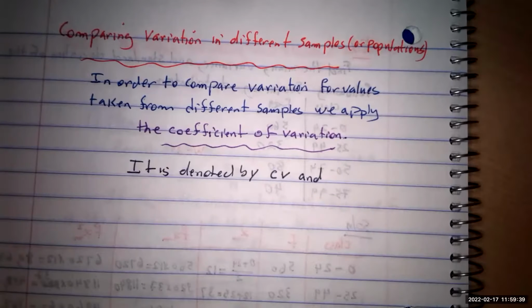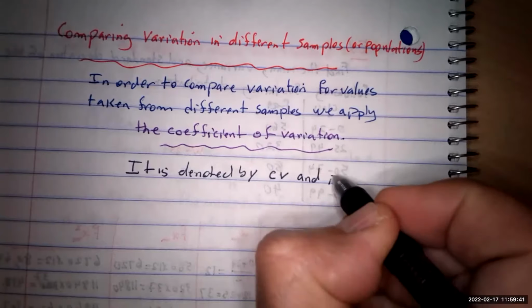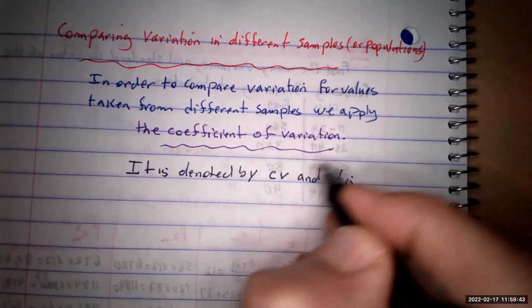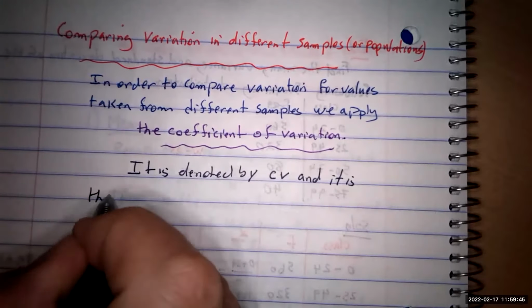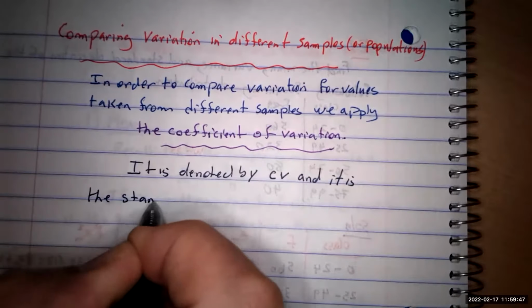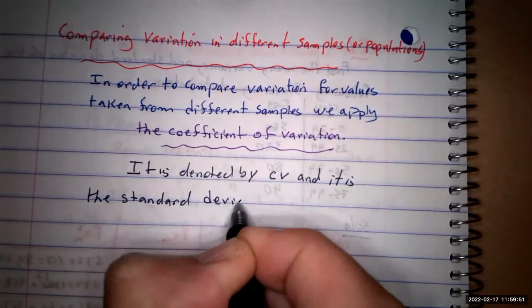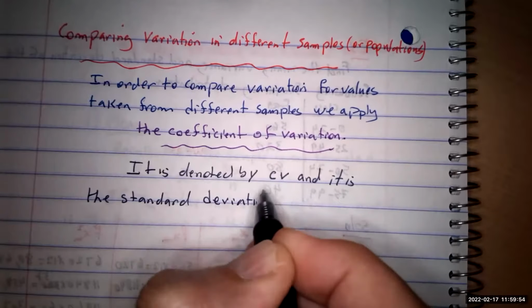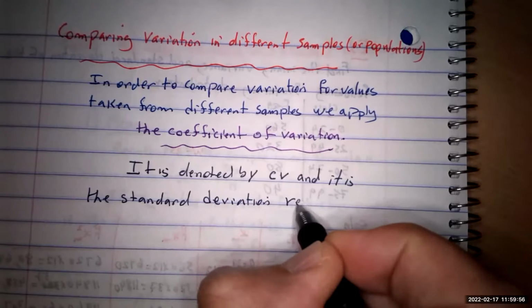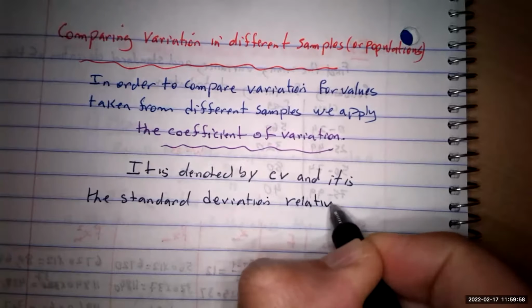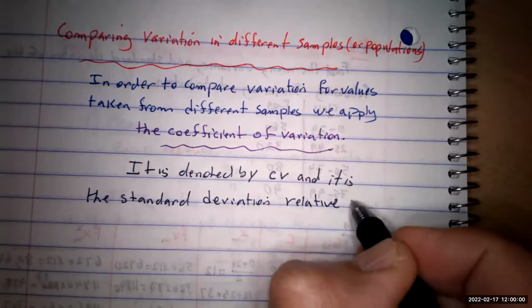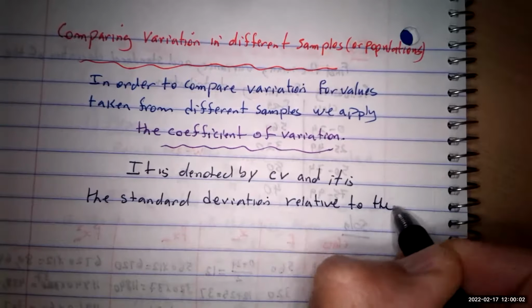So denoted by CV, it is the standard deviation relative to the mean.